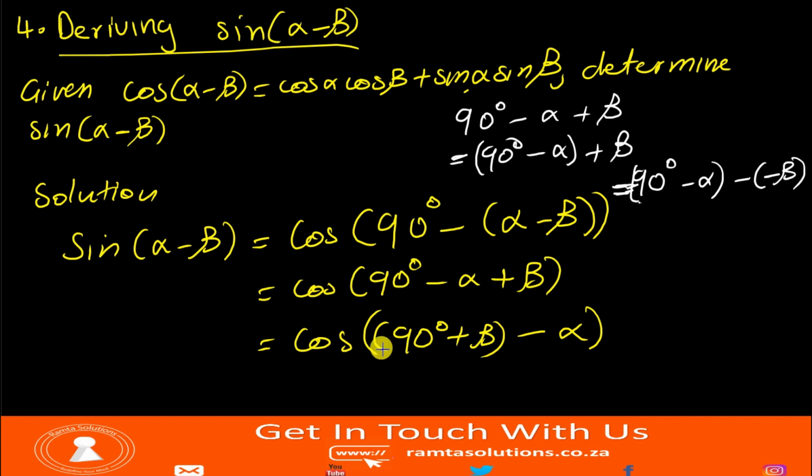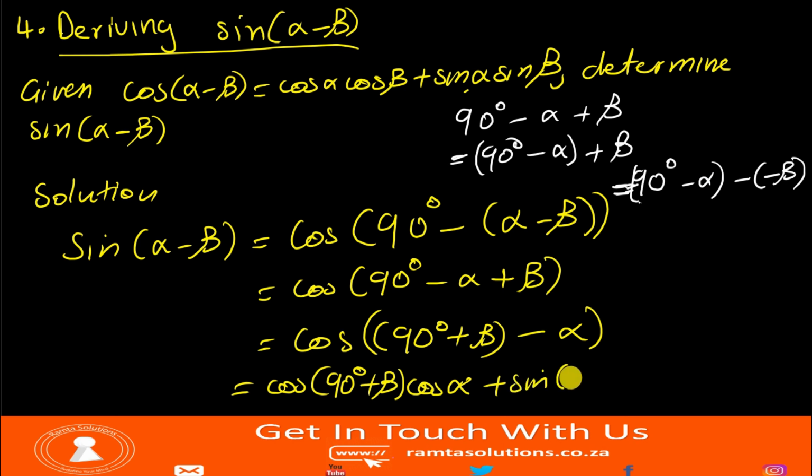So this is compound angle of cosine. So what was it? It was cos 90 degrees plus beta and cos alpha. Remember? And because it's a minus, it will become a plus.